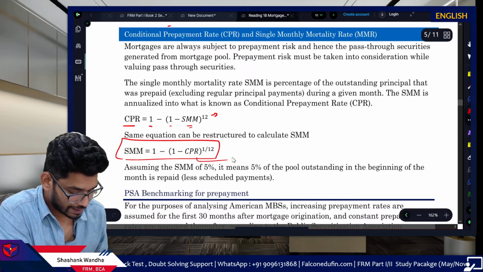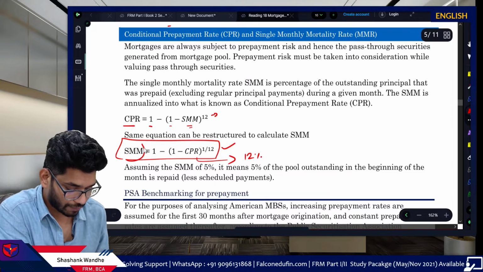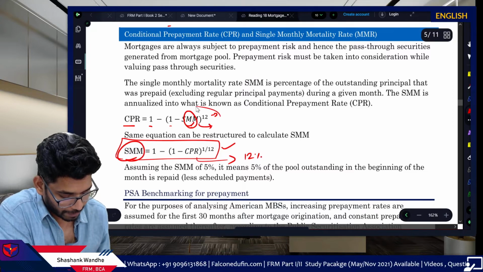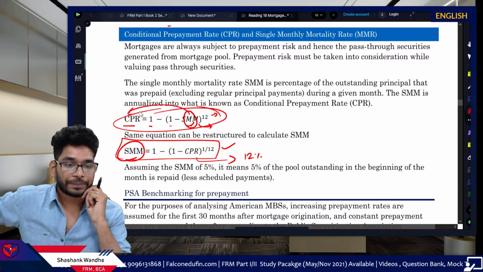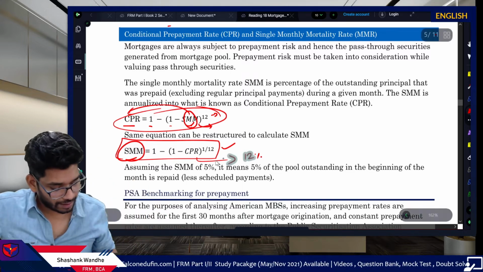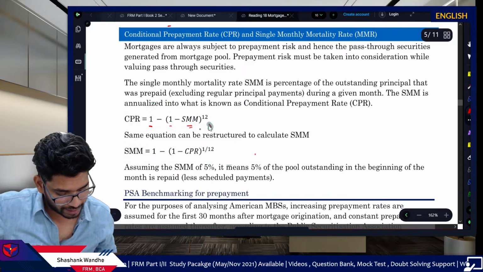If you have a CPR of say 12%, then we will use this particular formula to convert it into SMM. And if you have SMM, then we will use this particular formula to convert it into CPR, conditional prepayment rate, right? So again, you have to remember these formulas. This is a very basic formula. Nothing can be explained in the formula as such.